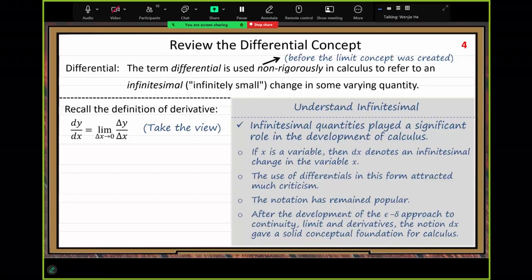So now with this definition, you take a view. When delta x goes to 0, delta y, we know, usually also goes to 0, right?